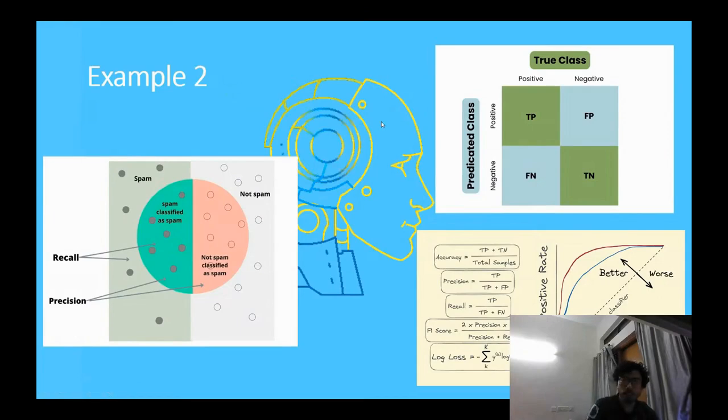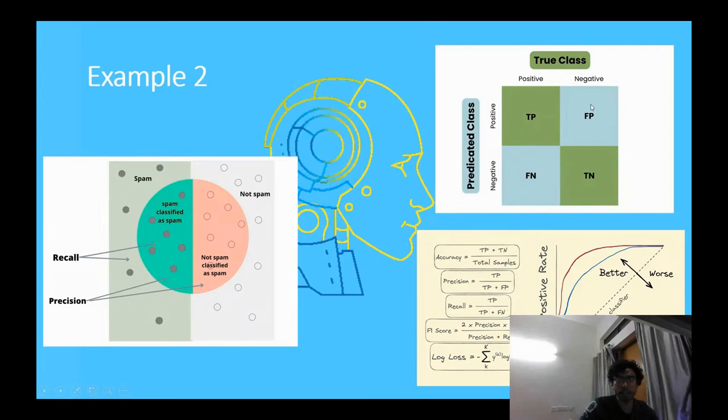So what is the accuracy of our model, right? Firstly, accuracy is the number of true positives plus the number of true negatives divided by total samples. Why true positives plus true negatives? Because these are the samples which you have correctly tagged. The true positives are the ones which you have correctly tagged as positive, whereas true negatives are the ones which you have correctly tagged as negative.